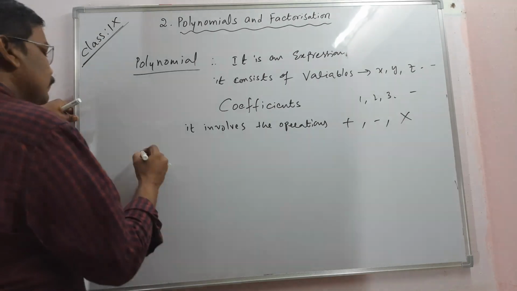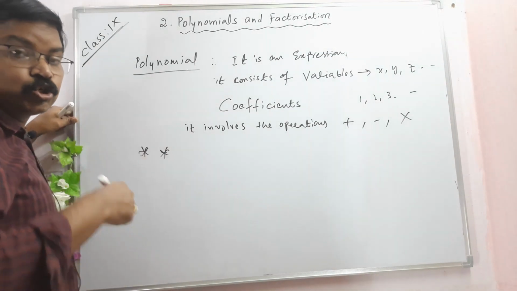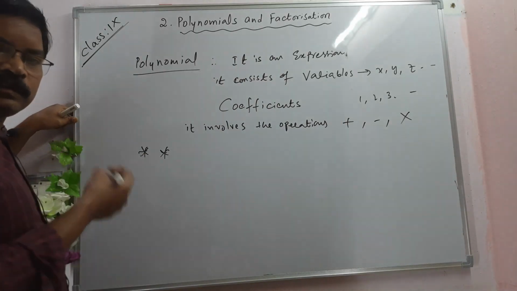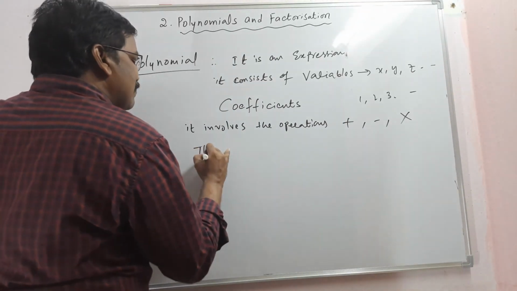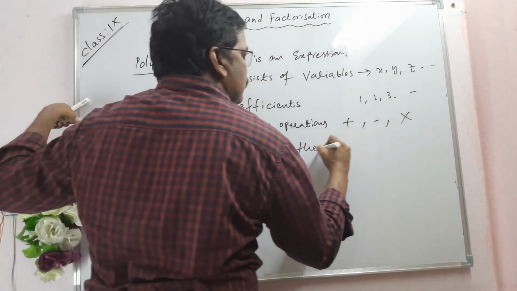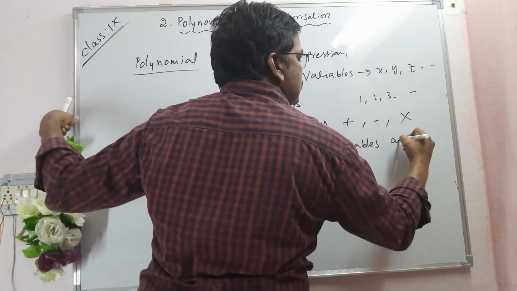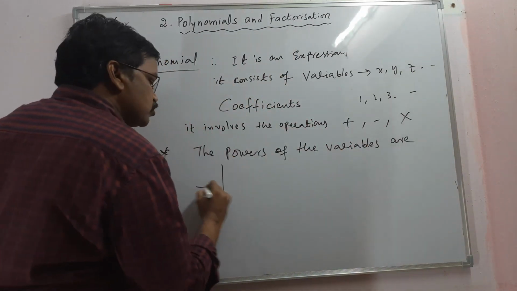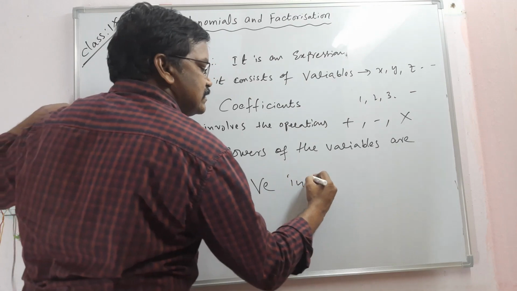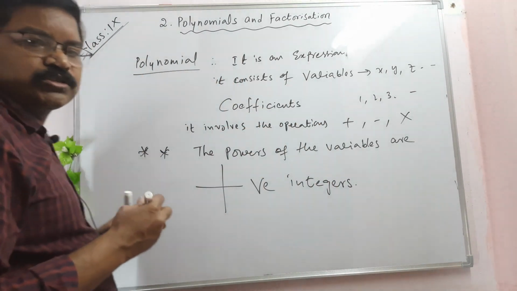And the main condition to be a polynomial is the powers. It's very important. The powers of the variables are positive integers.